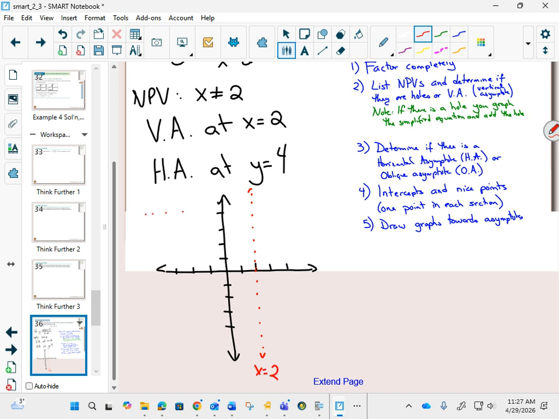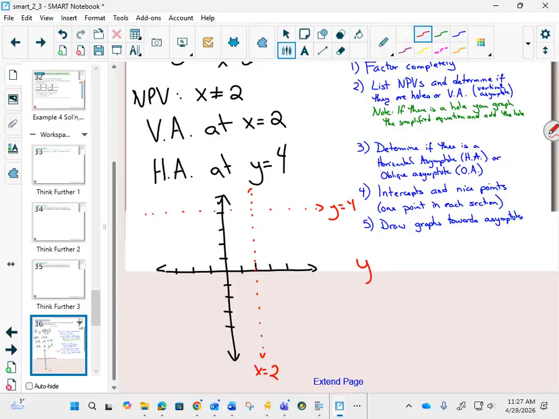And we know there's an asymptote at y equals 4, and we can label that. Step 4 is drawing some points on your graph, and we're always going to label our x-intercepts and y-intercepts.